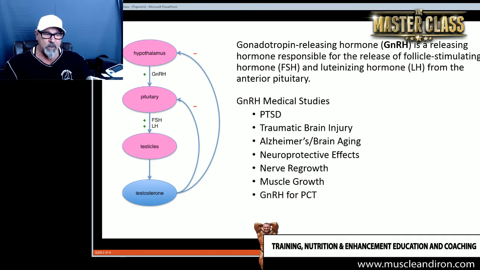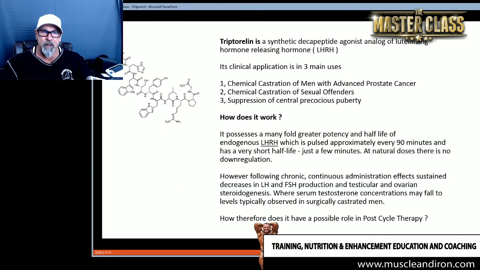Okay, so it surprises many people that are not familiar with Triptorelin to understand that Triptorelin has three principal clinical applications. One is in the chemical castration of men with advanced prostate cancer. Two is in the chemical castration of sexual offenders. And three is in the suppression of, let's just call it the onset of early puberty.